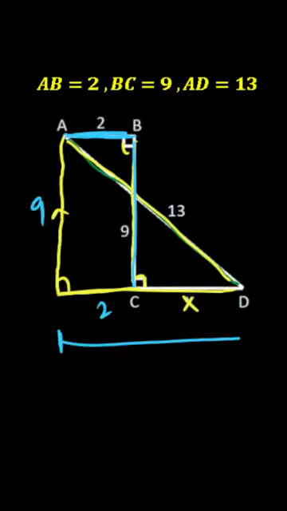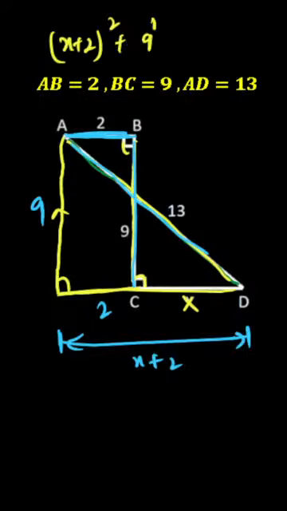So I have this side length which is going to be x plus 2, right? And this hypotenuse is 13. You can use the Pythagorean theorem here. That will give you (x plus 2) squared plus 9 squared is equal to 13 squared. 9 squared is 81. 13 squared is 169. If I subtract them, they will become 88, right?